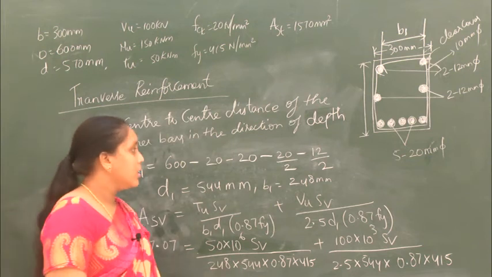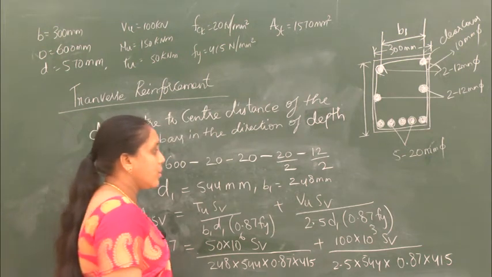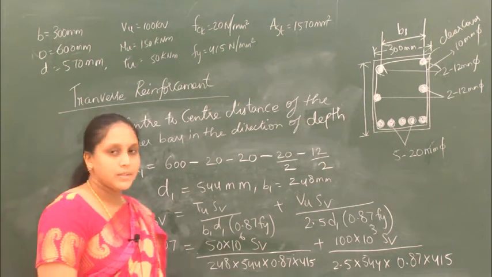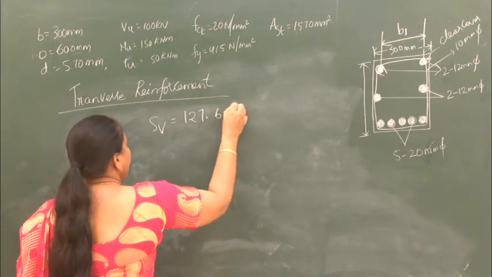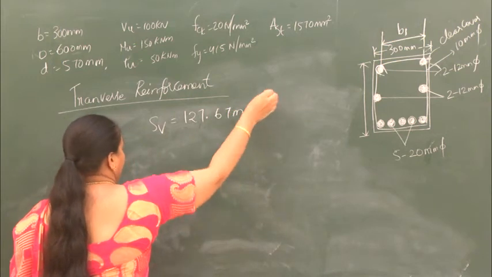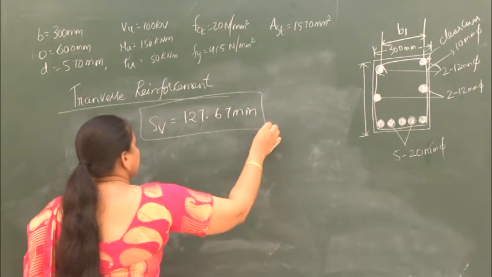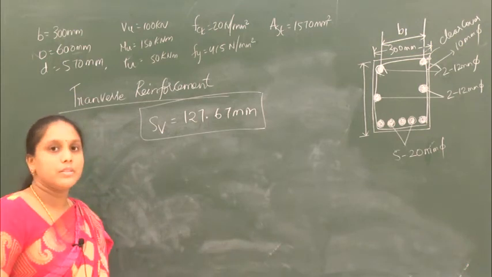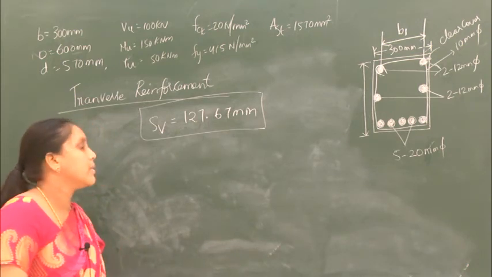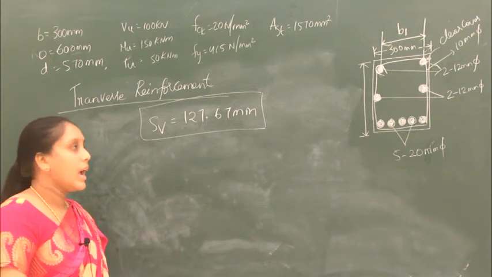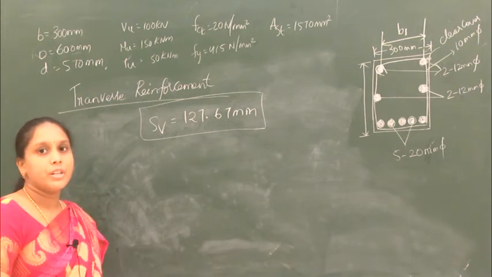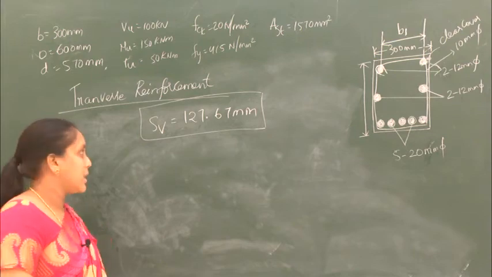So if we solve this, we will get a value of SV as 127.67. So this is the spacing which is required, which is 127.67 mm.